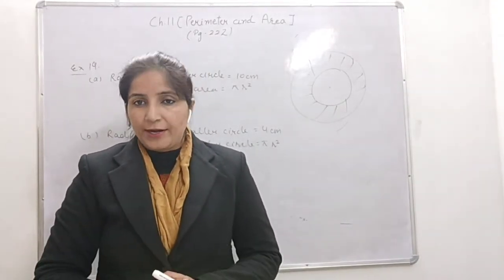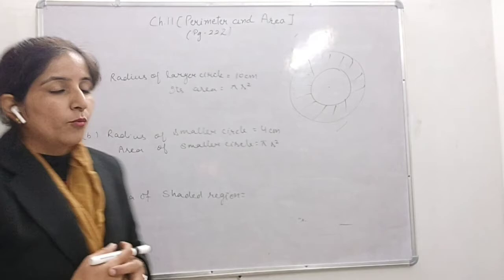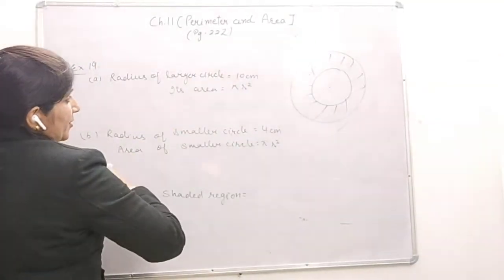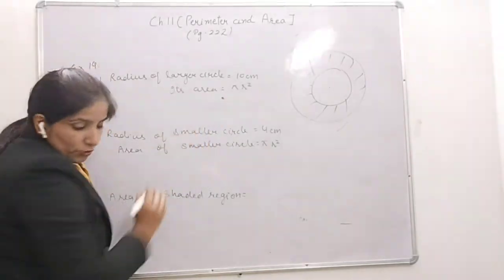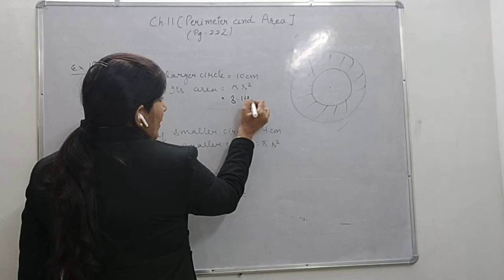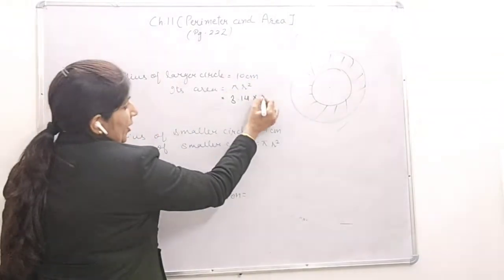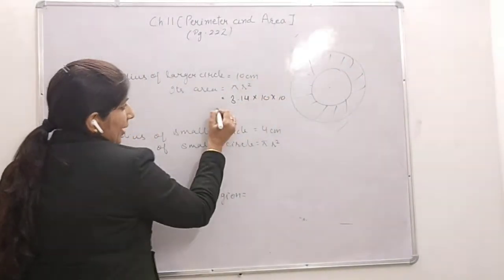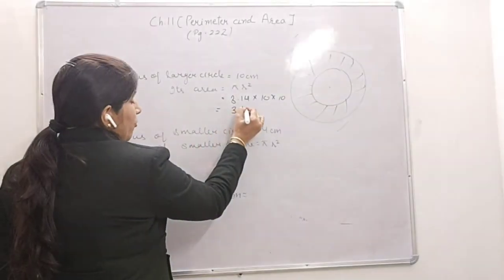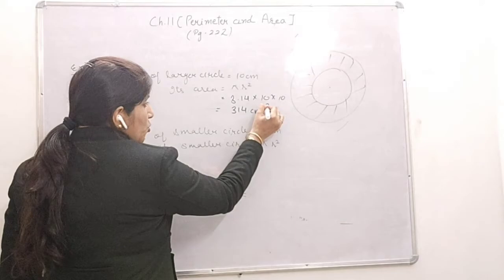So this will be our way to do this question. Radius of larger circle is 10 centimeter. Its area: in place of pi I am putting 3.14 multiplied by r square, meaning 10 into 10. After solving, the answer will be 314 centimeter square.